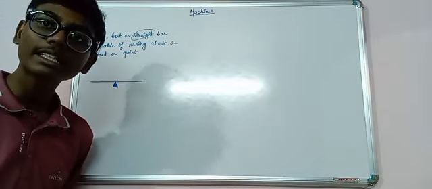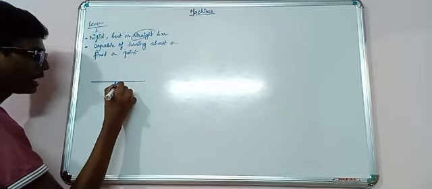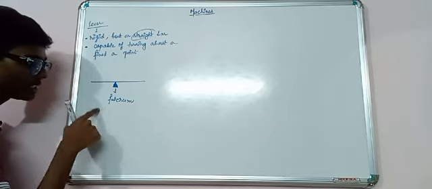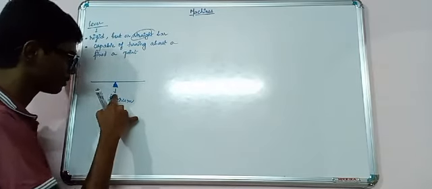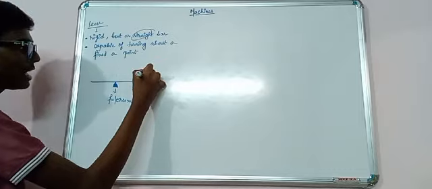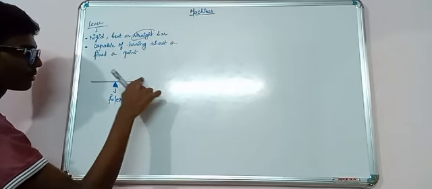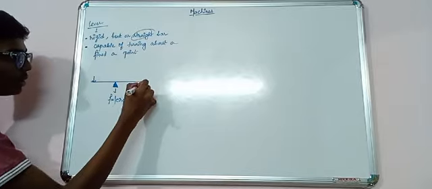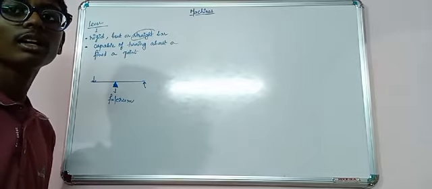Done? Now let us name one by one. This is the fixed point. This fixed point is known as fulcrum. From one side we will apply the effort, and from another side we are going to apply the load.